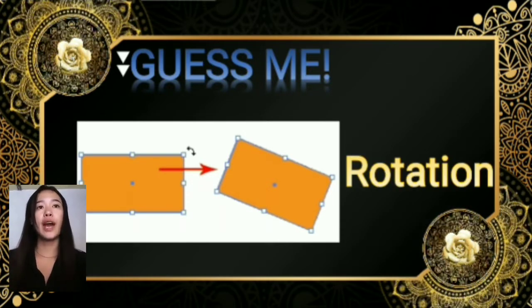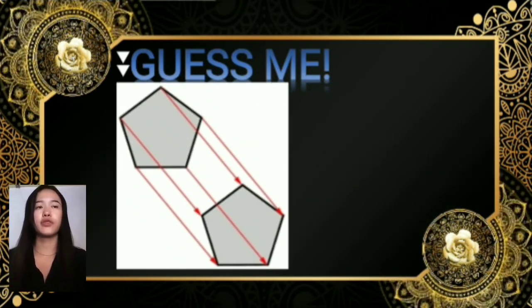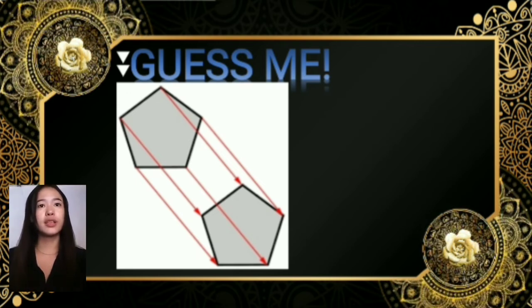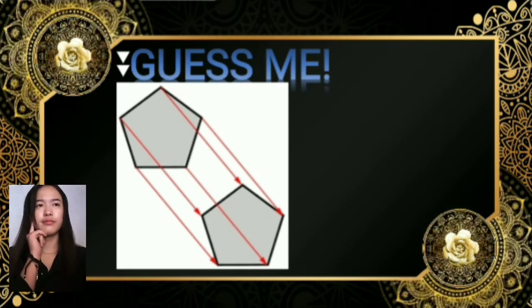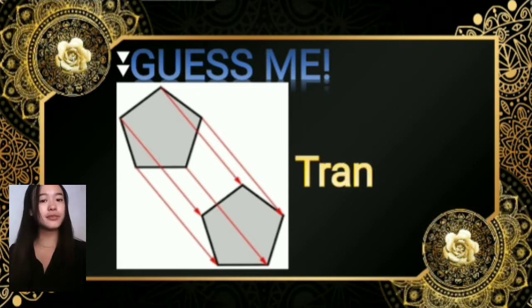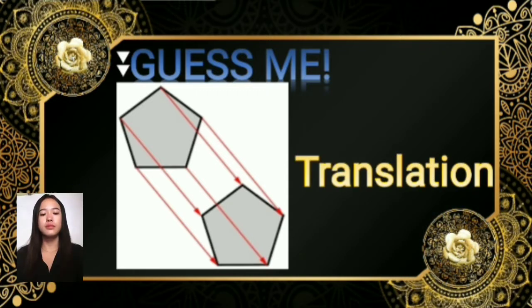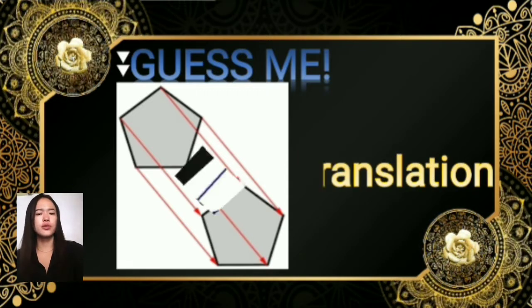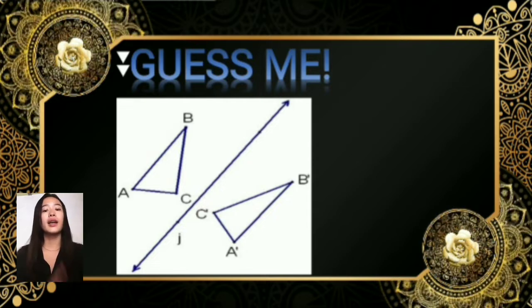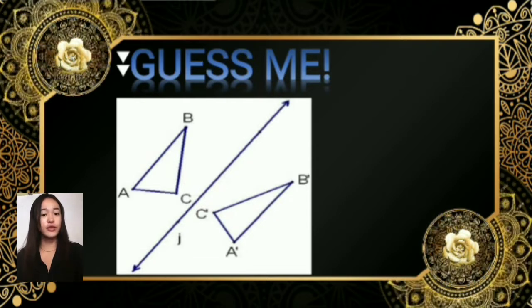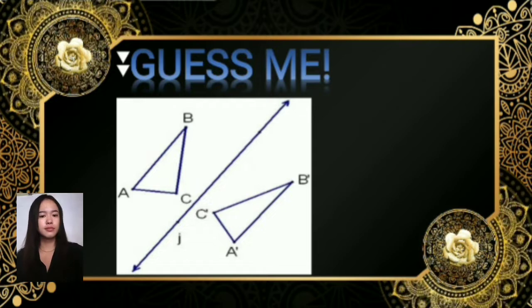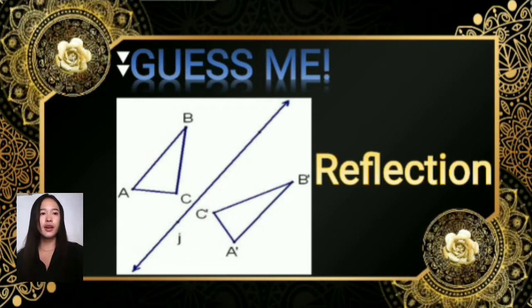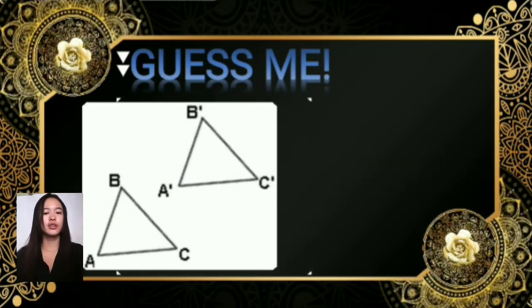Next one, we have this figure subjected to a transformation. What do you think is this transformation? Awesome, it's a translation. For our third figure, we have this, and it is subjected to a transformation. What transformation is it? Next, very good, it is a reflection.